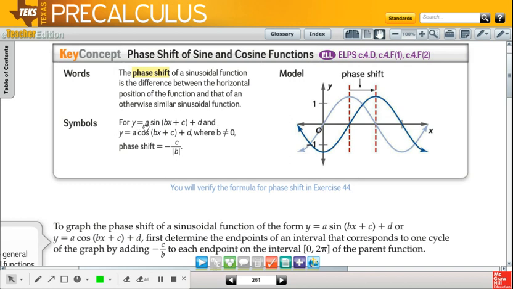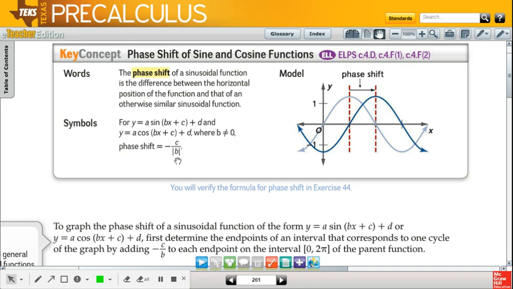For y equals a sine of bx plus c plus d, and y equals a cosine of bx plus c plus d, where b is not 0, phase shift is equal to negative c over the absolute value of b.